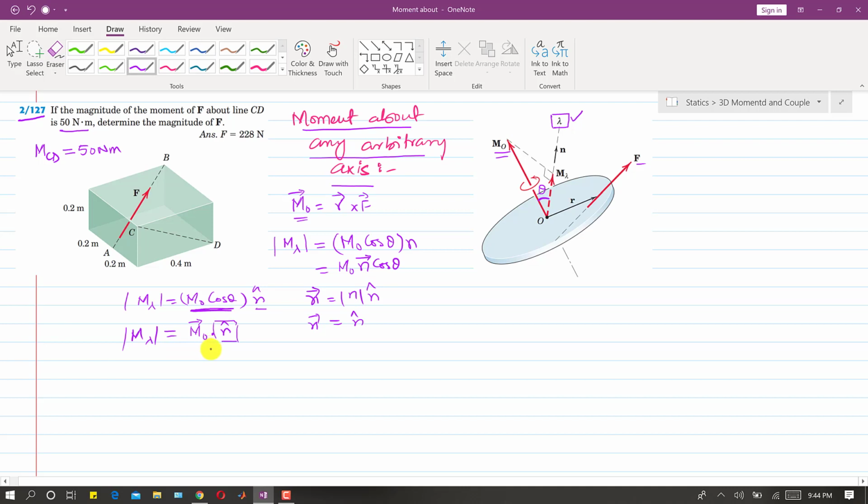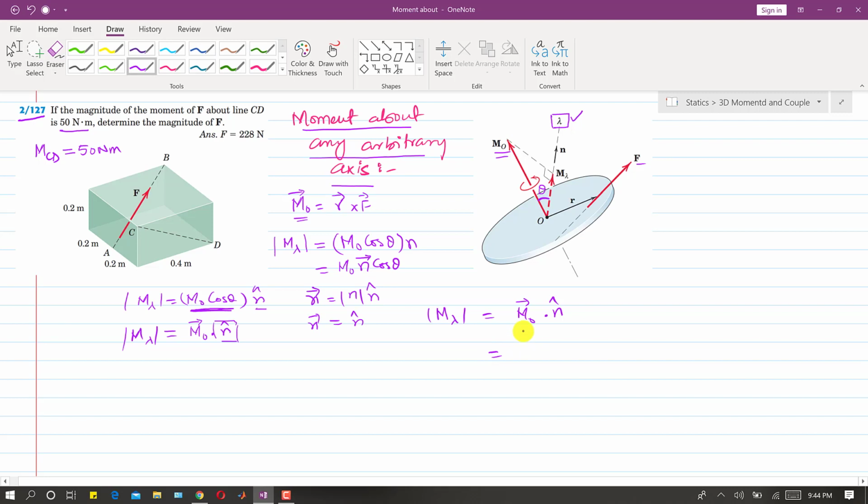It's the same as how we used to find the component of a force along a given arbitrary axis: we used to take the dot product. So now if I combine this, the magnitude M lambda is equal to the MO vector dot the unit vector.